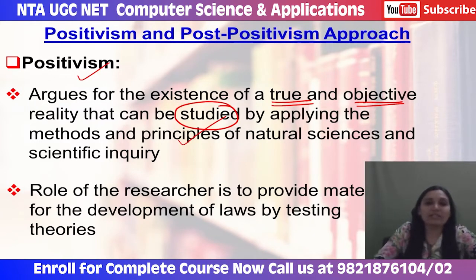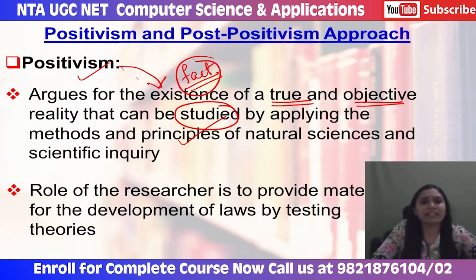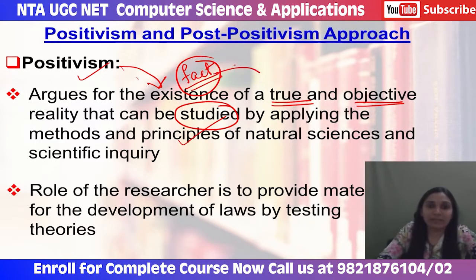So positivism means it tries to argue for the existence of a reality, that is fact, and how is this fact established? The fact is established by applying the methods and principles of natural sciences and scientific inquiry. So the fact is established scientifically. Okay.